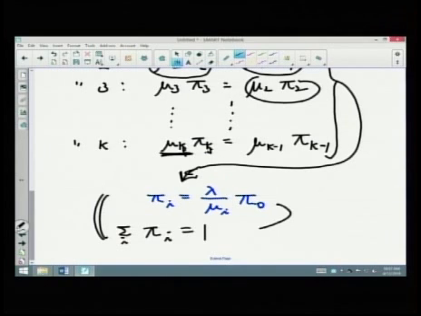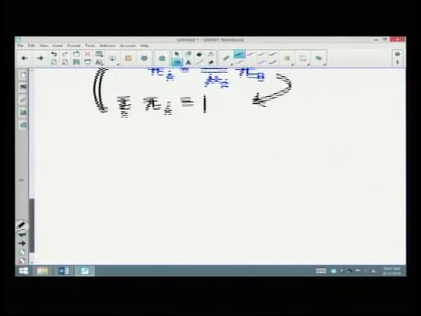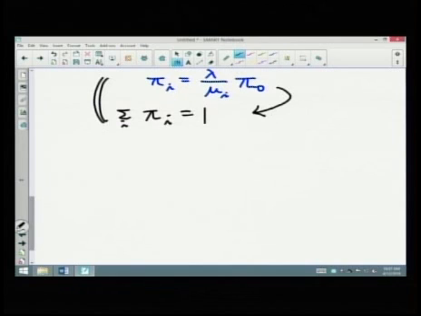So if you plug into here, okay, let me just write it down. Let's say this is equation 1.